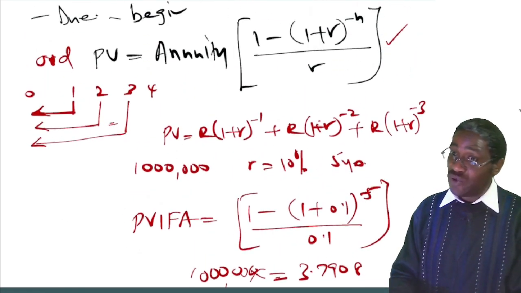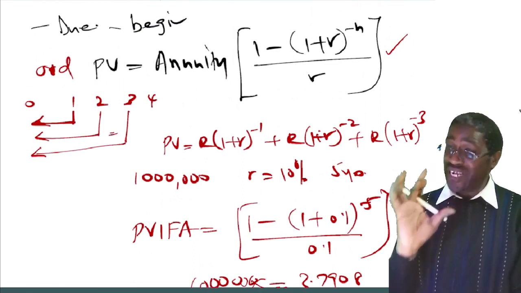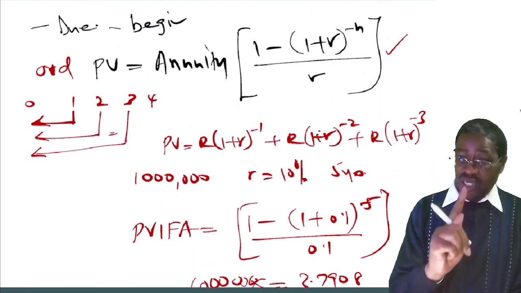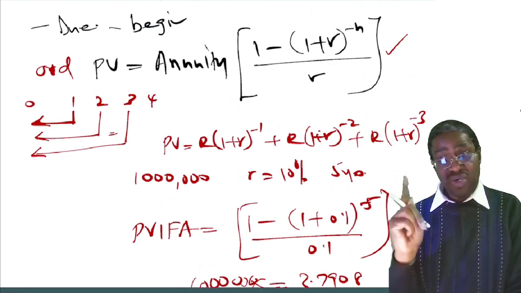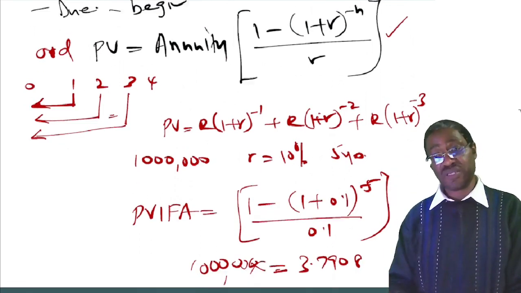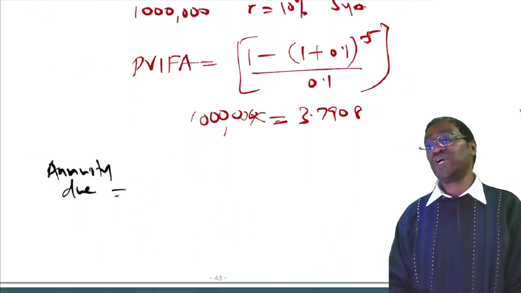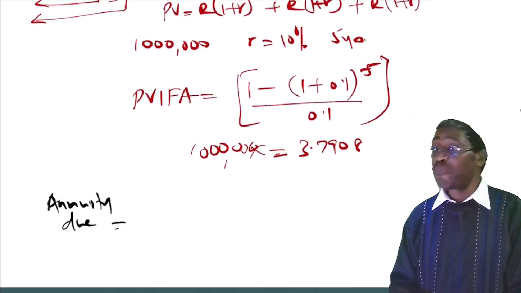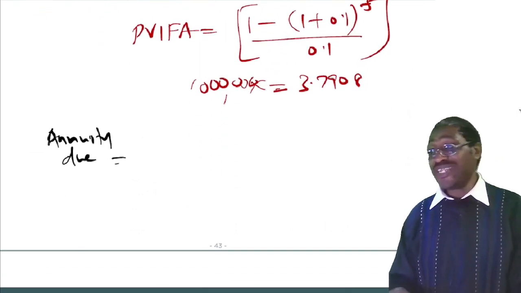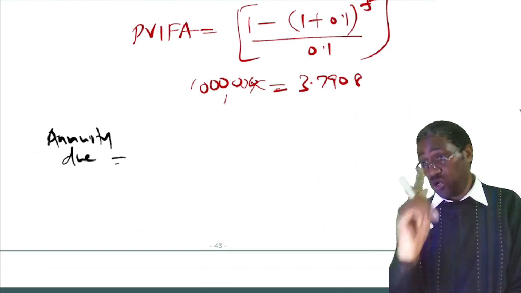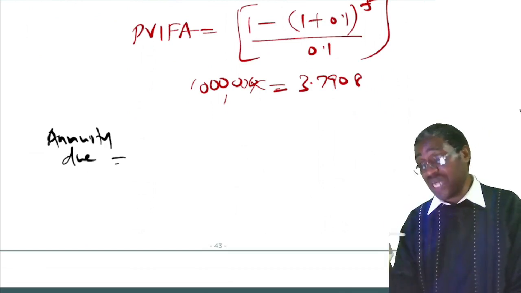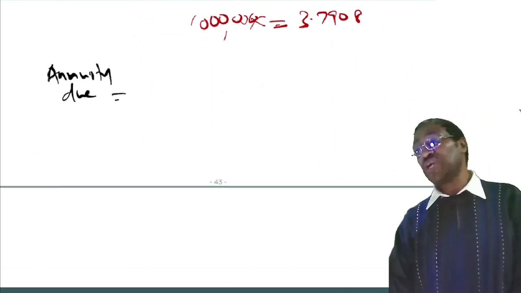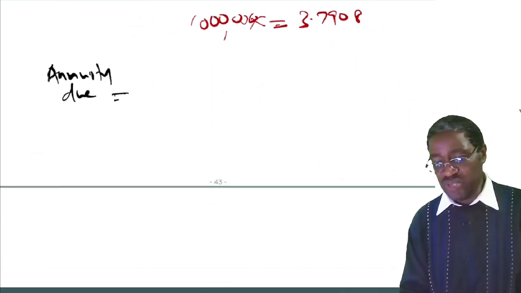Just like when we were dealing with the future values of annuity, when we were dealing with ordinary, we lost 1 year of interest. The same, even when you are dealing with what we are calling the present values now. When you are dealing with ordinary annuity, you lost 1 year because it comes at the end. Now for annuities due, you recover that 1 year. So it will be the same formula.